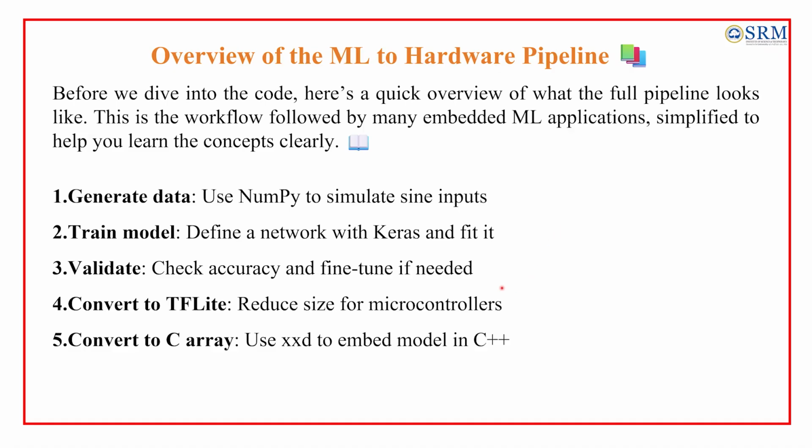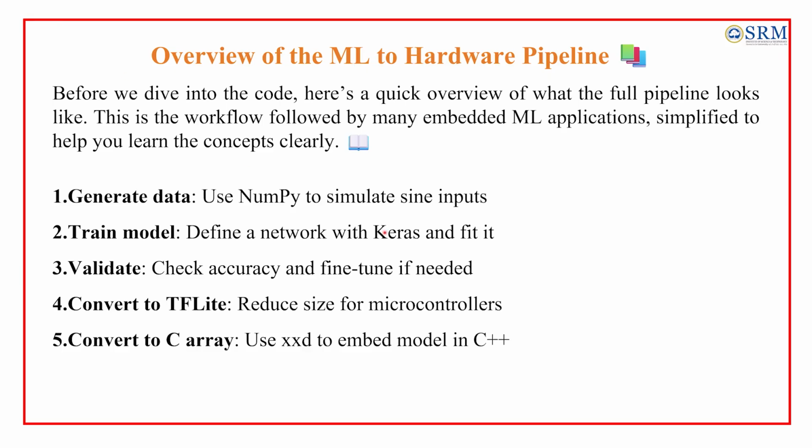Step 4, convert it to TF Lite, where TF means TensorFlow. This makes the model small enough for a microcontroller. Step 5, convert it to a C array using xxd, embedding the model into the Arduino code. This is the exact same flow used for real embedded ML. Only the dataset and model complexity change. For now, we'll master the sine wave so that we can handle more complex tasks later.